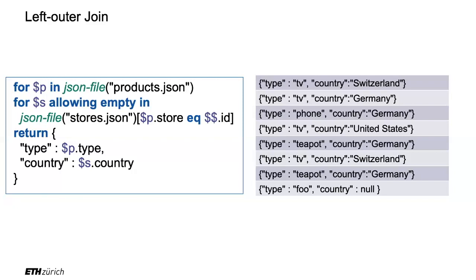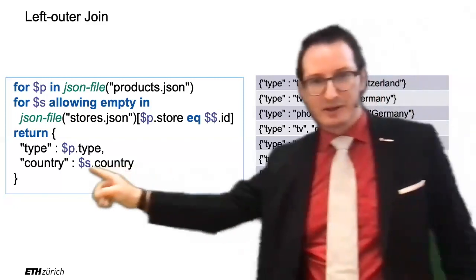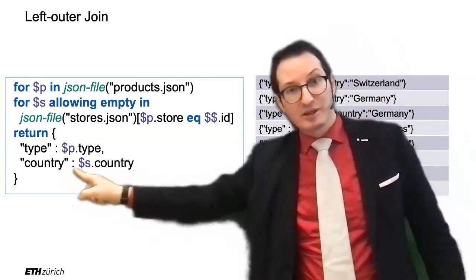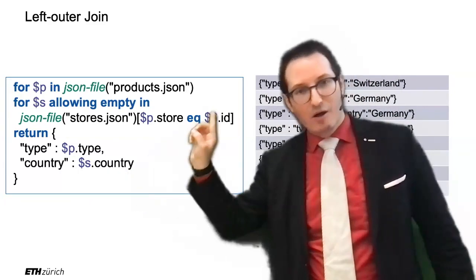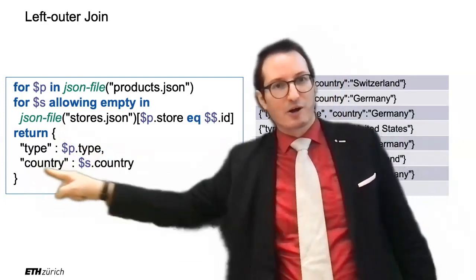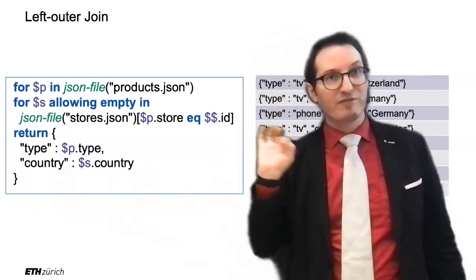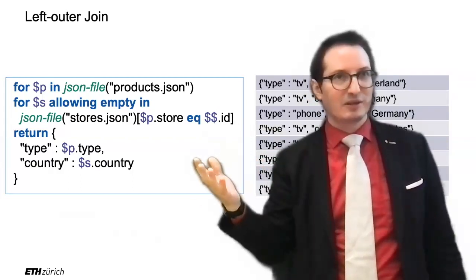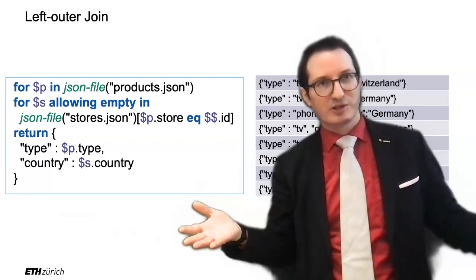Technically, if $S here does not contain that field, that produces an empty sequence. The problem is, if you remember JSON, this is a JSON object, country must be associated with one value. The empty sequence, from the perspective of JSON, is not something you can have in a JSON object, right?